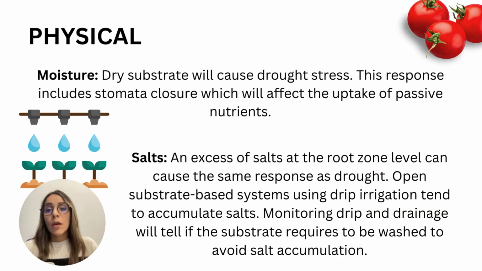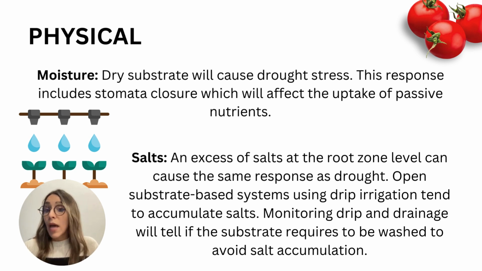Now we're going to speak about moisture and salts. Both are related, that's why they are on the same slide. Moisture is the amount of humidity that we have on the substrate. We already learned a little bit about how the stomata behave, right? If we don't have good ventilation, the stomata will have a hard time trying to do gas exchange.